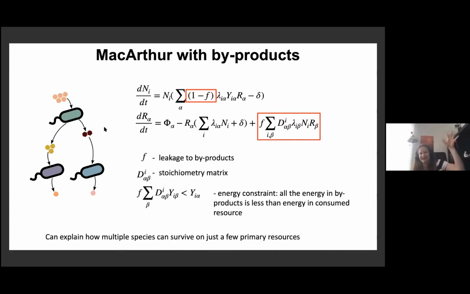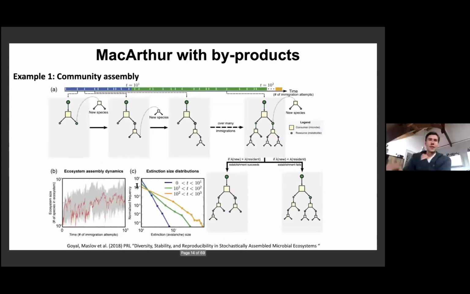Now, this primary resource can run out if you set it up like that, that you don't have a constant supply of resource, and so on. And then you can have all other microbes coming in on byproducts. And yeah, you can have all funny dynamics in there. Okay, thank you.